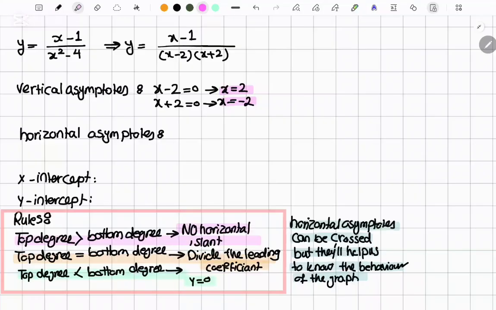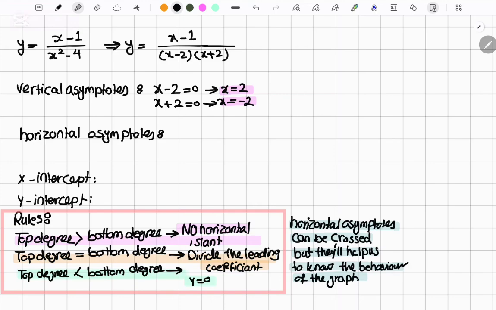Okay, so the next thing, I'm going to find everything and then I'm going to graph it. The next thing is the horizontal asymptotes, guys. There are some rules that I've written here for you to be able to find the horizontal asymptotes very easily. Of course, these are not rules that I just found myself. They all have reasons, and I will also make a video on these rules.